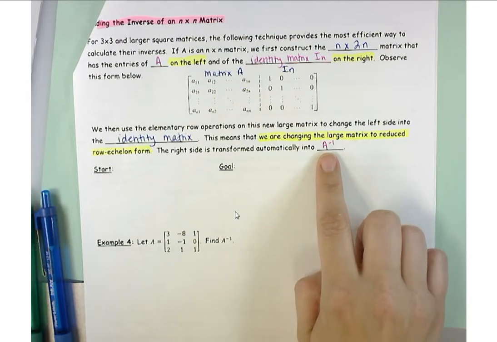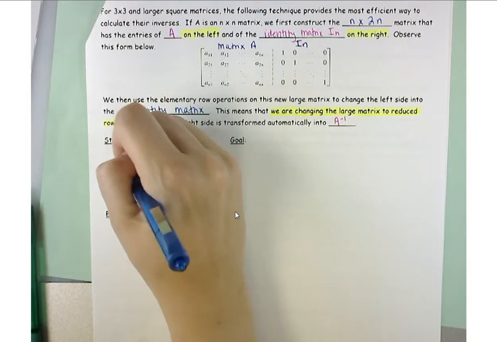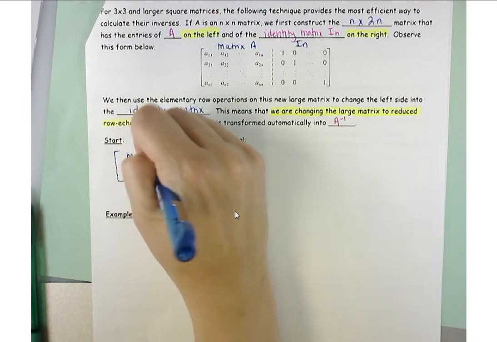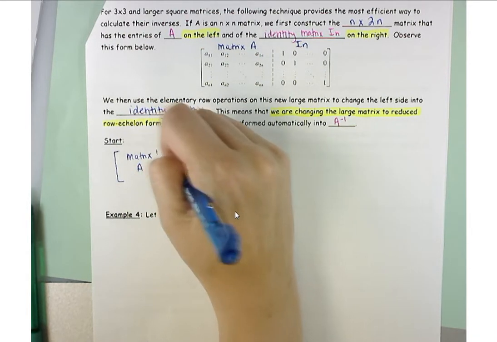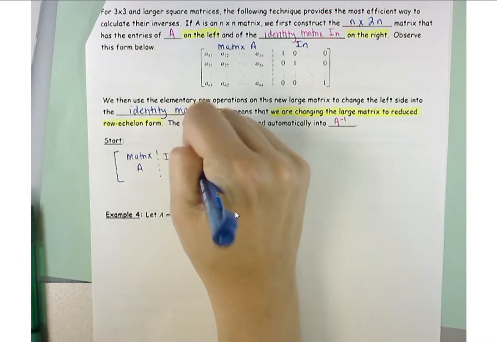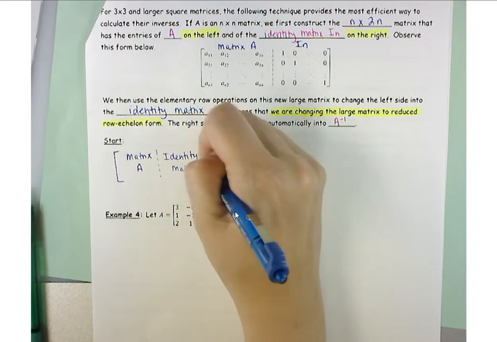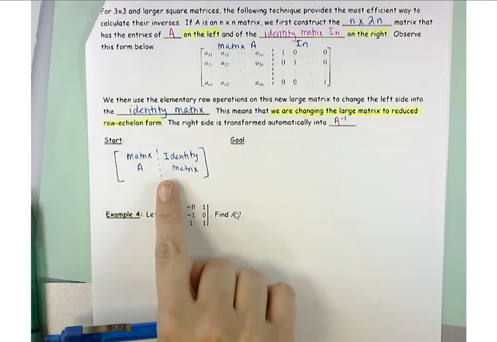So let's just talk about again and recap what this is going to look like. So the first thing you're going to do when you start your matrix is you're going to put matrix A with the identity matrix. Now usually they show this dashed line here to show that those are two of them coming together, but we're going to get rid of that dashed line because we're treating it as one large matrix.